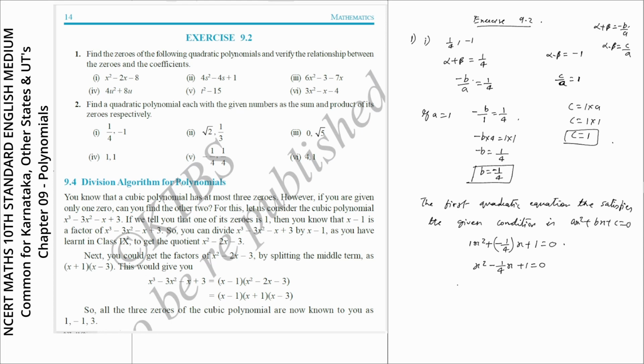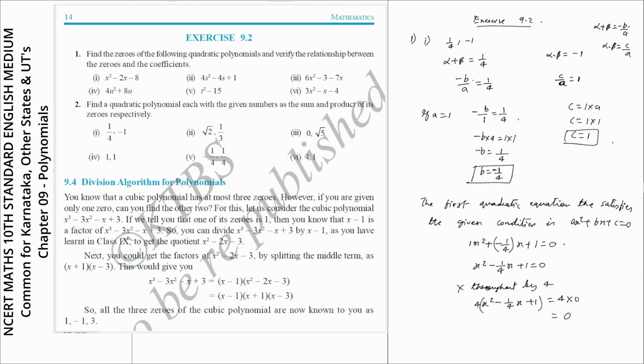Now multiply throughout by 4. What will I get? 4 into x square minus 1 by 4 into x plus 1. Right hand side also should be multiplied, only then it will be correct. I can't multiply only the left hand side and leave the right hand side as it is. So 4 into 0 in the right hand side is 0 only.